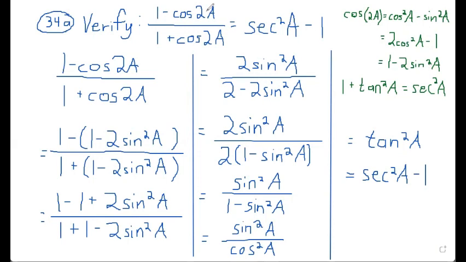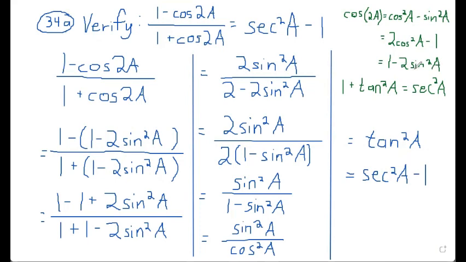That will make our simplification process easier because we're just going to have to deal with one type of trig function instead of two. And it appears that we can use either this one or this one. Whichever one we use will change the process a little, but the result is going to be the same. So let's use 1 minus 2 sine squared of a.